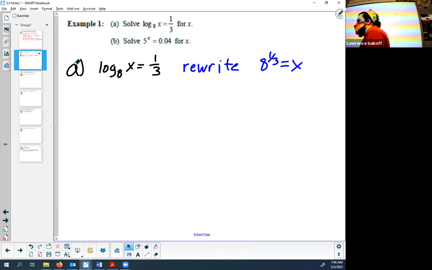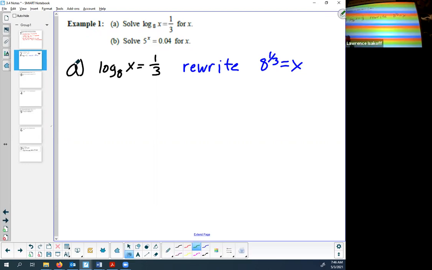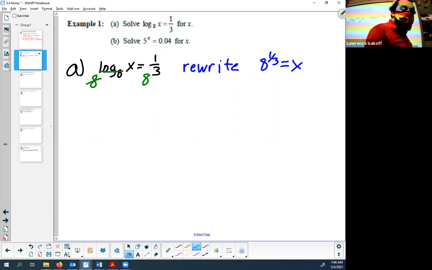Or we could do it this way. I could say my log is base 8, so I'm going to put both sides as an exponential where the base is 8. The 8 and the log base 8 cancel out. That's where some of those properties from section 2 come into play.